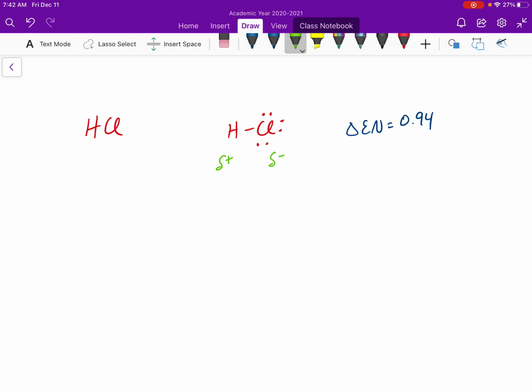We can also throw back to physics, or if you haven't had physics, this is a physics thing. You can draw a force vector showing which direction the electronegativity goes. So we would point towards the more electronegative atom. This is what we call a dipole moment. In other words, there's a polar bond in this molecule.